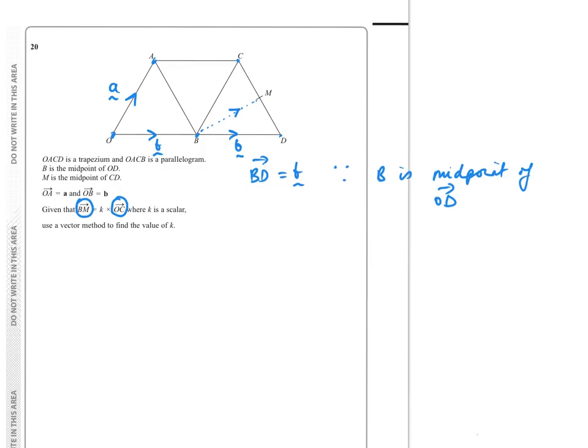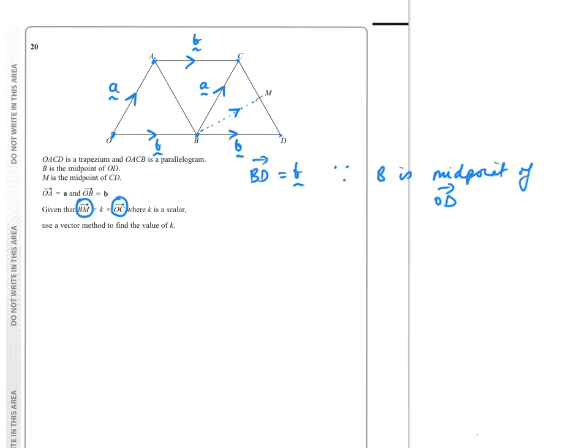Well, the nice thing is we know that because that was a parallelogram, this is b also. We know that this is also a. So it's going to be quite hard to get this question wrong.